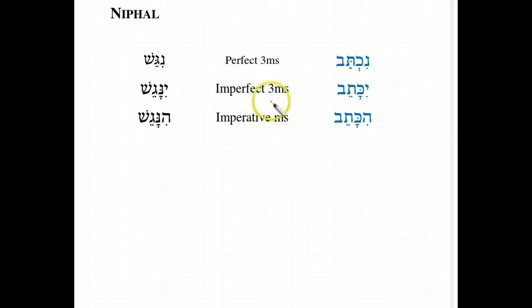With the imperfect third masculine singular, we've got yikatev, and with the nifal, we've got yinagesh. Again, we've got the nun here. You've got yud. You've got the nun of the nifal assimilating into the nun of the root.